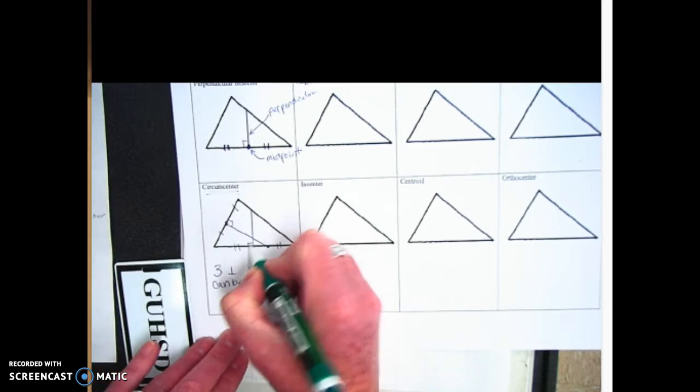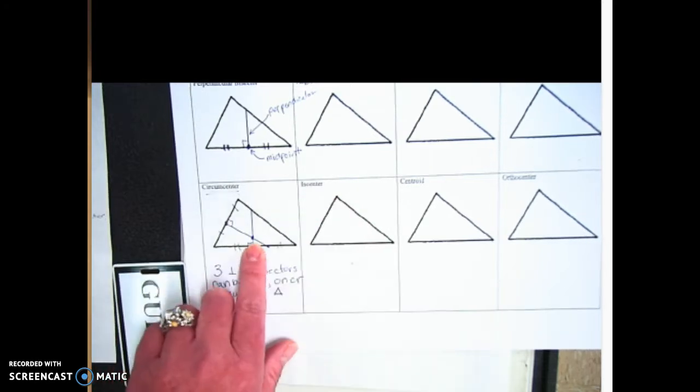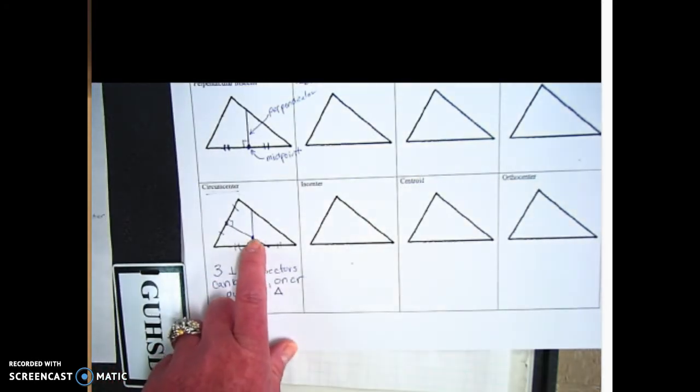You're going to see that on this particular triangle, this circumcenter is inside, and 90% of the time they're going to end up inside. But you just need to know that sometimes they can end up on or even outside that triangle, okay?